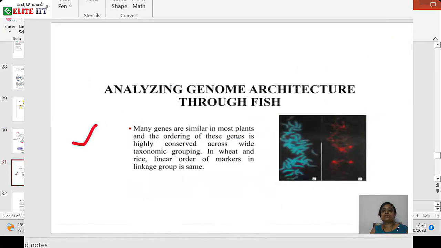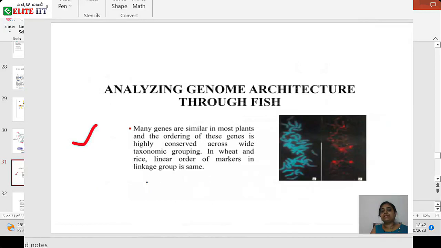Now, let's see the uses again. Many genes are similar in most plants, and the ordering of these genes is highly conserved across wide taxonomic groupings. In wheat and rice, the linear order of markers in the linkage group is the same. So you can visualize whether similarity is there or not between two species.